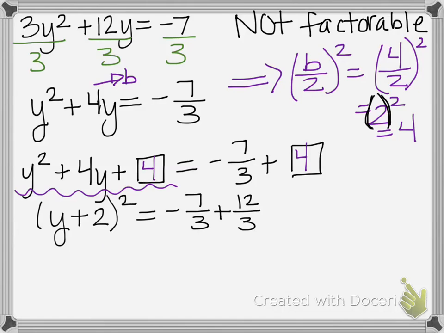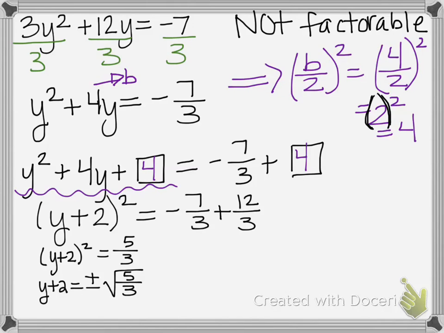and finish solving this. So I have y plus 2 squared equals 5/3. And now I'm ready to use the square root property. So I get y plus 2 equals plus or minus square root of 5/3.